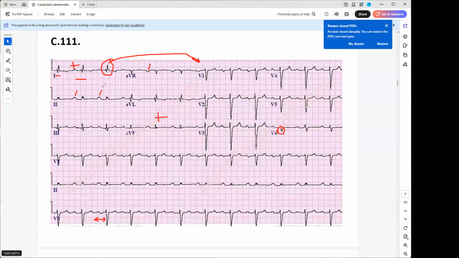If you want to say maybe an incomplete block, but I do not think it's a right bundle branch block, because lead number 2 has this M shape as well. So it can maybe be an incomplete left bundle branch block, but I don't think this patient has that one. That's nothing. It's enough with a first degree AV block. That was enough to diagnose it. Okay, that was 111.